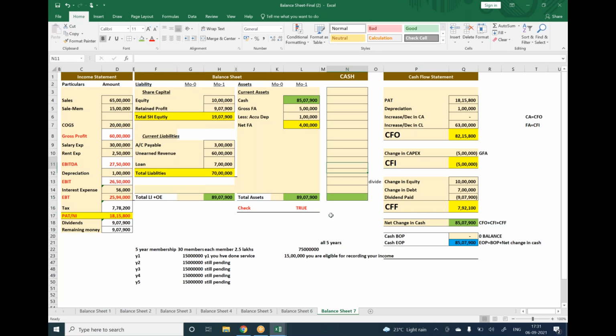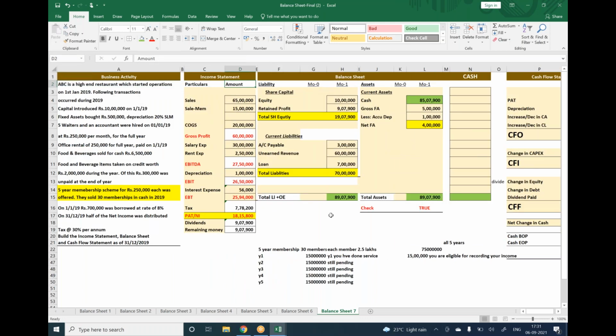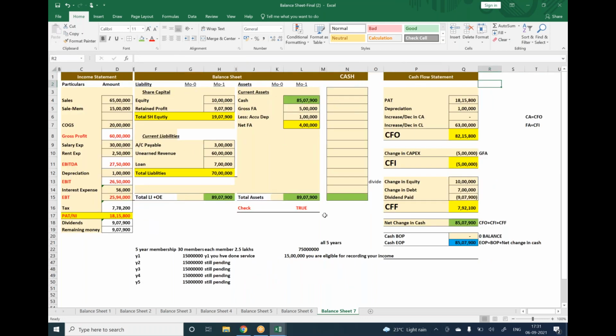Okay. Come on, friends, all of you, let's start. What should I do first here? Equity, right? So it is plus 10 lakhs. And a loan also you got, 7 lakhs.